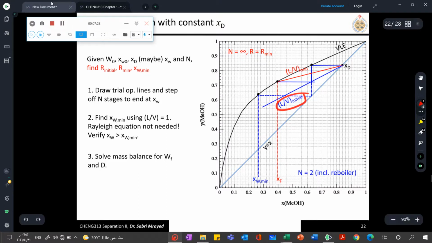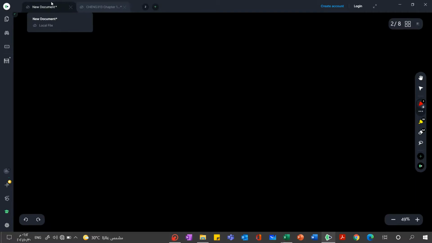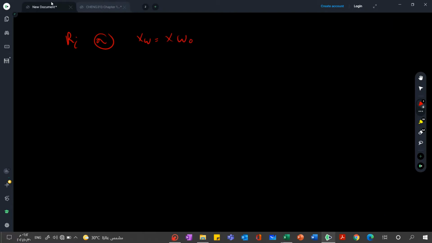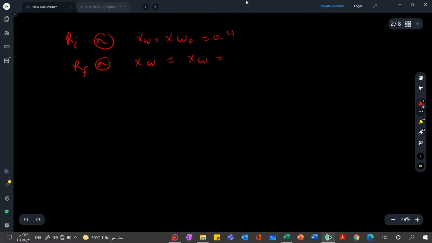As we know, R initial is at the point when XW equals XW naught, which in this case is 0.4 as stated in the question, and R final is when XW equals the final XW, which in this question is 0.04, the residual material.